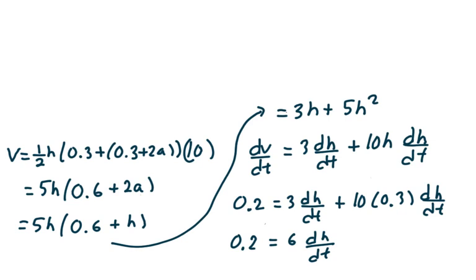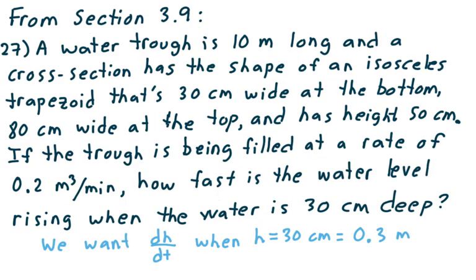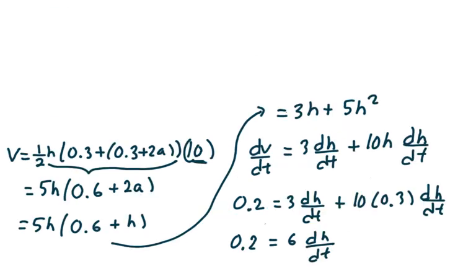So I'm taking 1/2 h times 0.3 plus 0.3 plus 2a. So this is the area of the trapezoid. And then I'm going to multiply by 10. And where did I get that 10? So again, the trough is 10 meters long, so that's the depth. So I took the area of the trapezoid and I multiplied it by the depth.